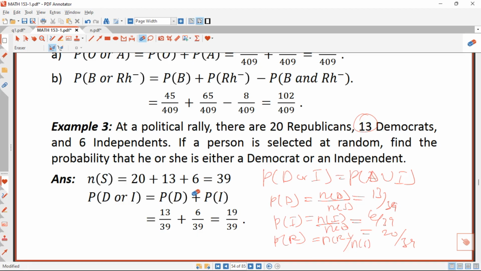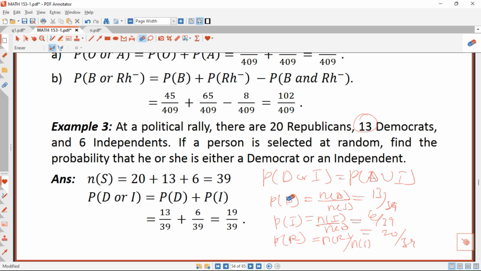So how can we calculate probability of D and probability of I? Right now we know our number of samples to be 20 plus 13 plus 6, because 20 is the number of Republicans, 13 is the number of Democrats, and then 6 is the number of independents. So when we add everything, you are getting 39, right? So since you are having 39, probability of D, that's we are letting D represent what?